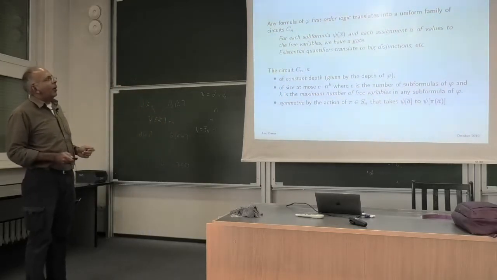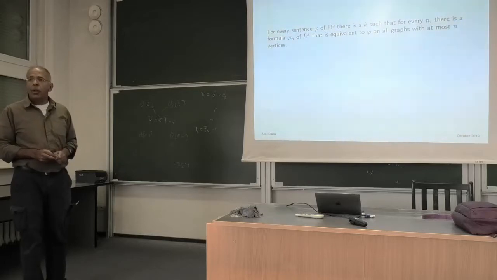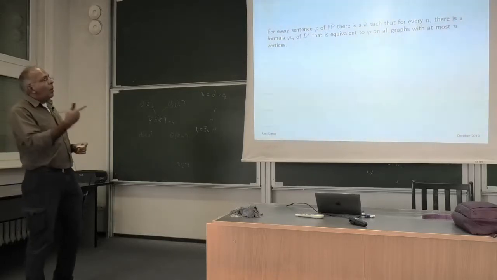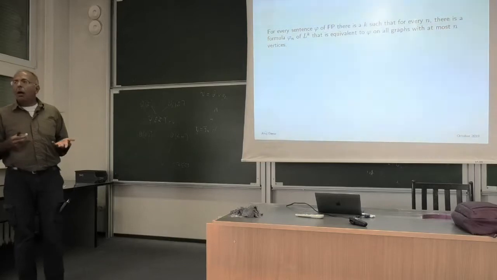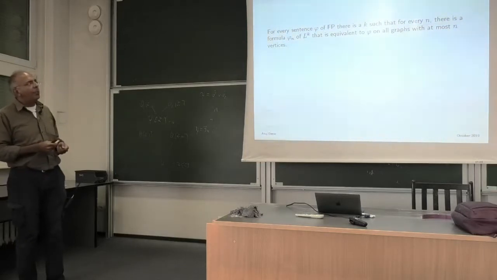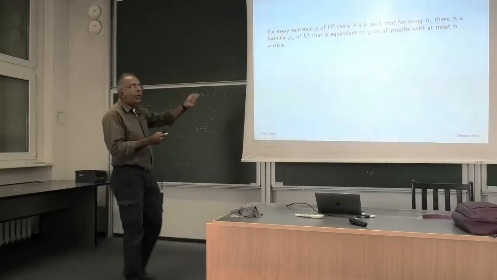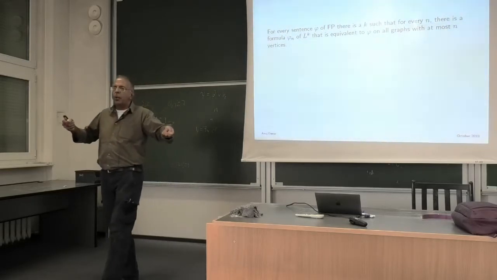But why stop at first order logic? Consider fixed point logic. We have these fixed point operators, but once we fix the size of the structure, we can unfold this fixed point into a first order thing.